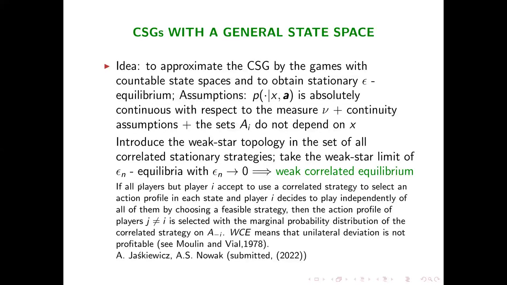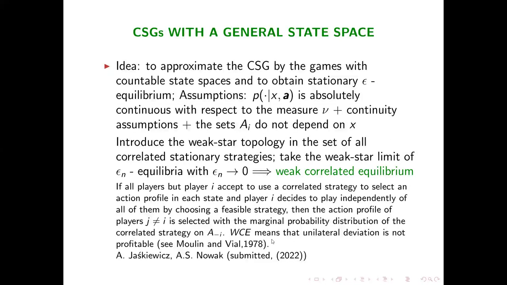So the idea is as follows: if all players but player i accept to use a correlated strategy to select an action profile in each state, and player i decides to play independently of all of them by choosing a feasible strategy, then the action profile of players j different than i is selected with the marginal probability distribution of the correlated strategy on A minus i. So weak correlated equilibrium means that no unilateral deviation is profitable.